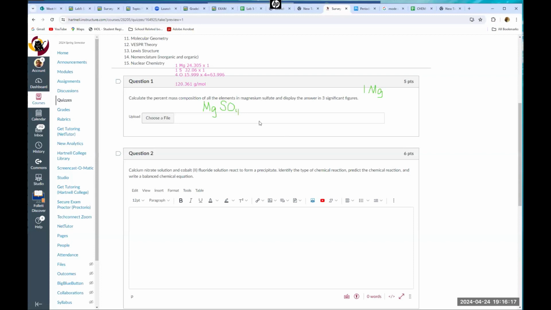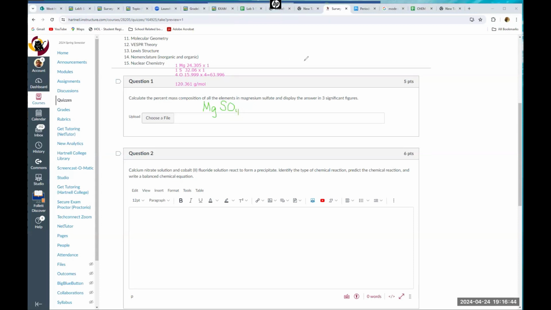Okay, so if we go back to the problem and it says all of the elements, right? So we want the percent mass composition. So what is the definition of percent mass composition? Isn't it like what percent of each element, like the percent of its mass of the compound? Yeah, the mass of each element, that's right.